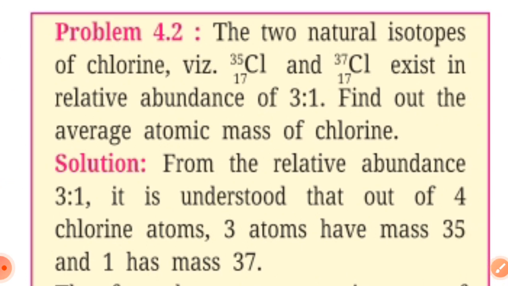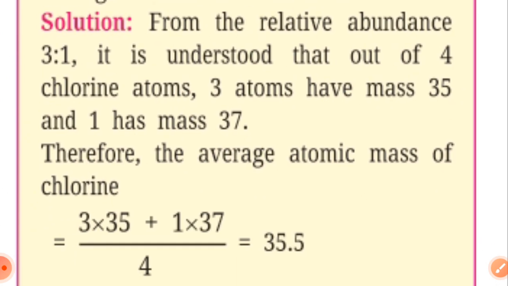Problem 4.2. The two natural isotopes of chlorine, 35 chlorine 17 and 37 chlorine 17, exist in relative abundance of 3 is to 1. Find out the average atomic mass of chlorine. Solution.